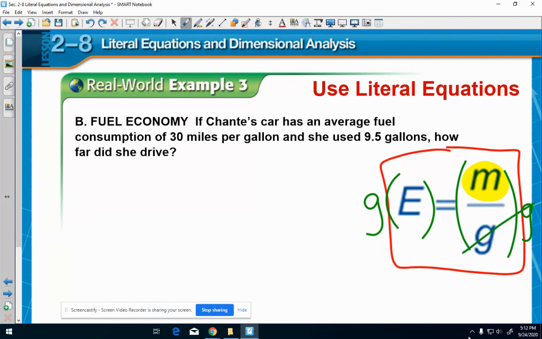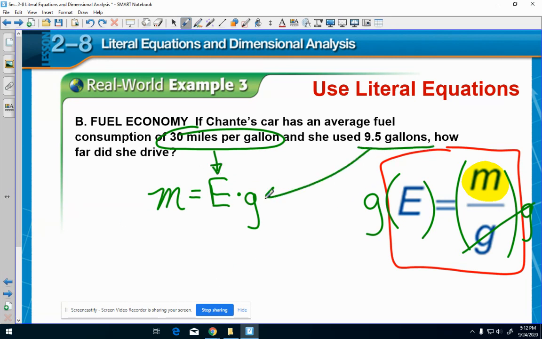On the right-hand side, the G's will cancel, leaving me with M, which is what I want, is equal to E times G. At that point, I know that the miles per gallon, or the economy of the car, will be 30. The number of gallons that she used will be 9.5, and I can find the total miles driven by simply taking 30 multiplied by 9.5.